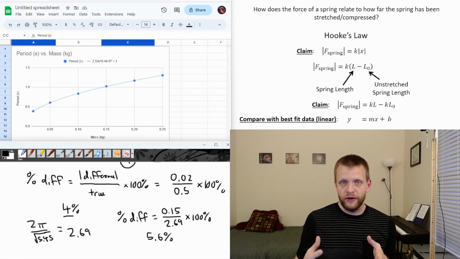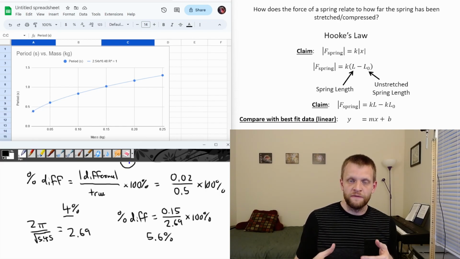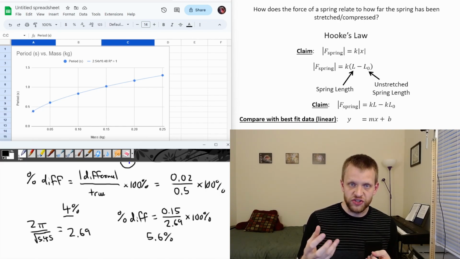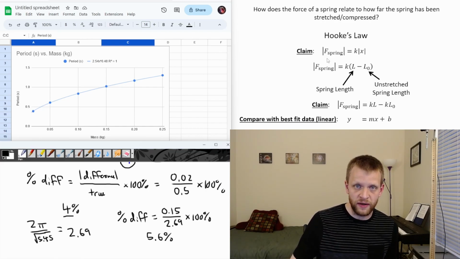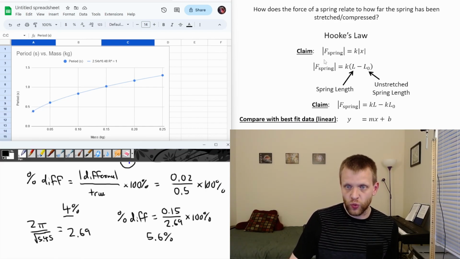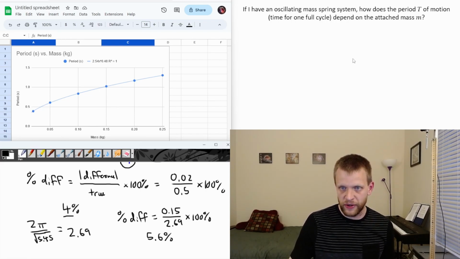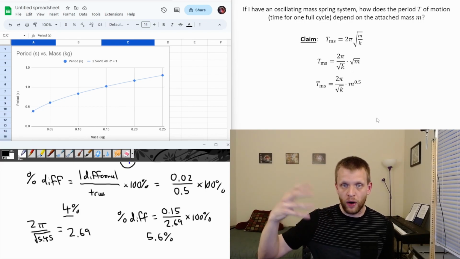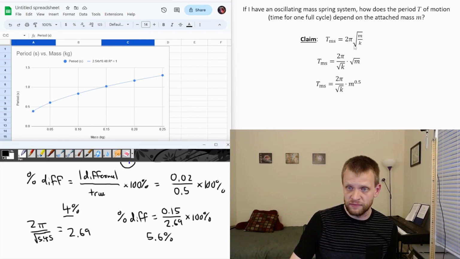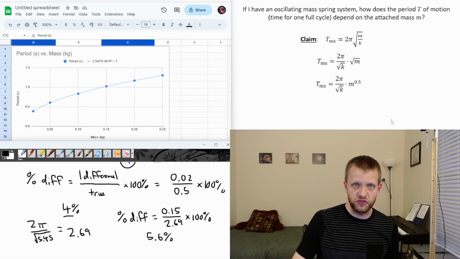This is very often the general procedure for how we actually put some of these models to the test. If I have some model of how I think some phenomenon in the universe works, how the spring force depends on how far I've stretched the spring, or how a mass spring system is going to oscillate with different masses attached to different kinds of springs.